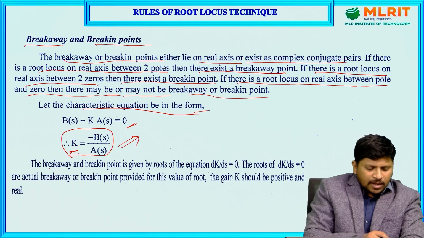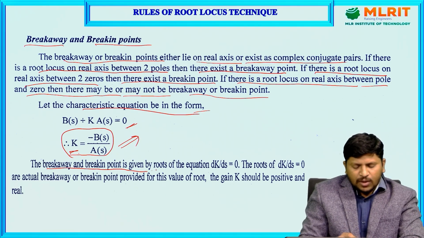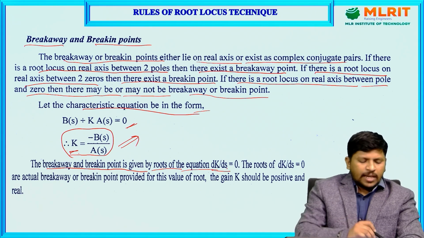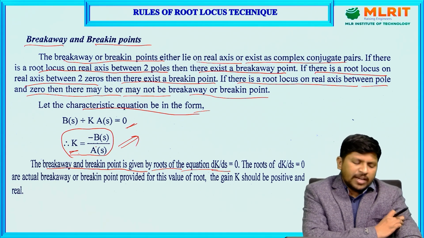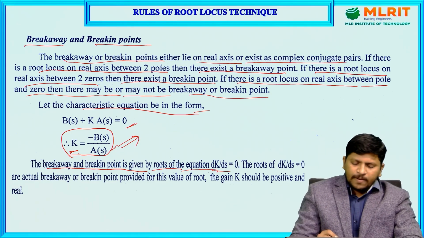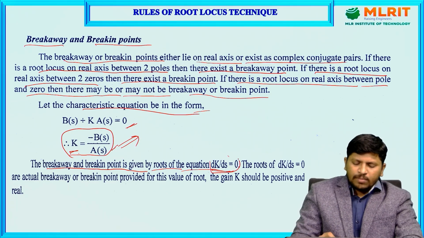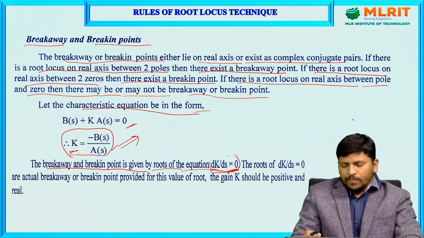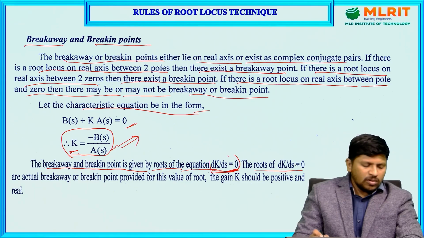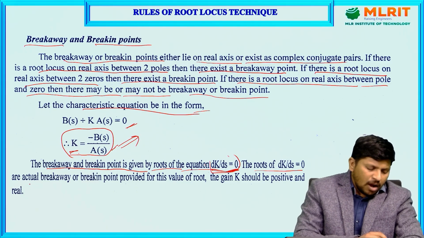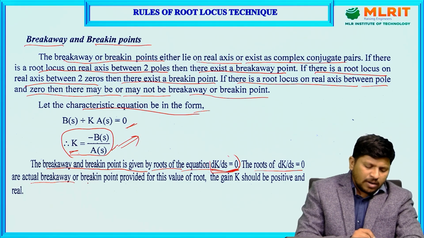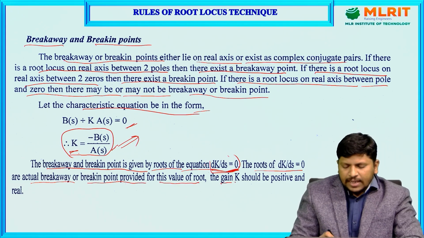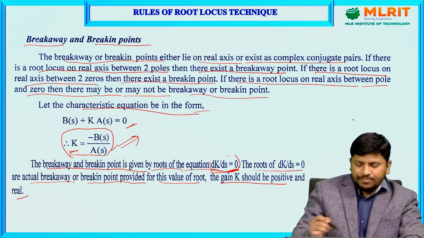The breakaway and break-in points are given by the roots of the characteristic equation, that is k equals b of s divided by a of s. So here, k is differentiated with respect to s and equated to 0. Then the roots of dk by ds equals 0 are the actual breakaway or break-in points, provided that for this value of root the gain k is positive and real.